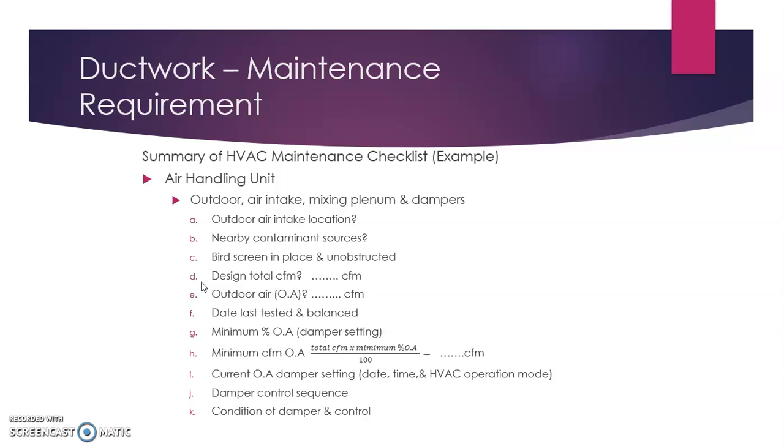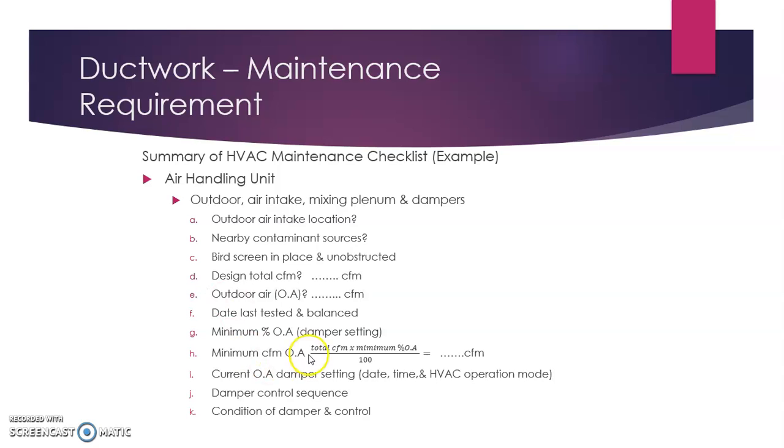So the design total CFM for the AHU, how much? Usually we use a balometer. The design total CFM, we usually use the airflow meter to calculate the CFM, cubic feet per minute. Then we have the outdoor air, how much CFM is coming into the air handling unit.